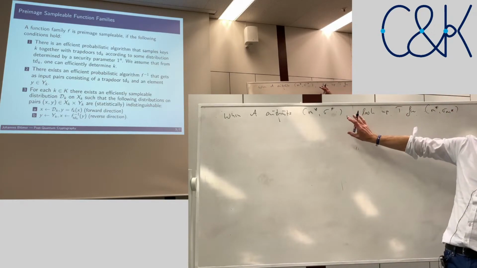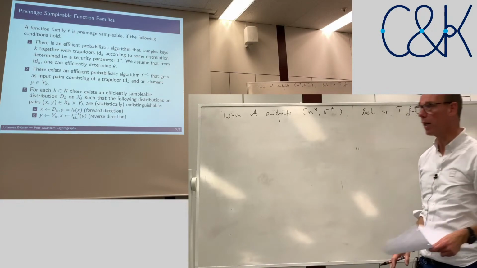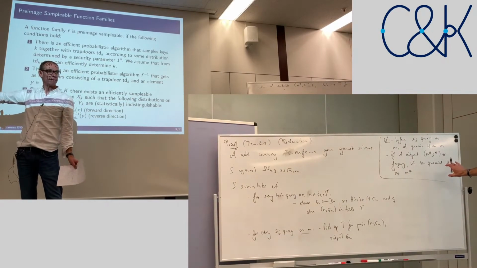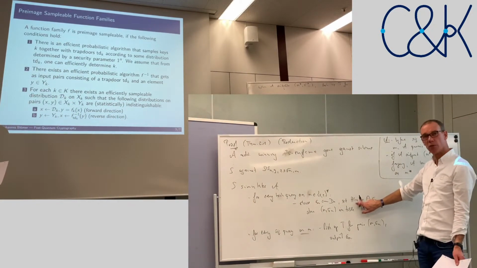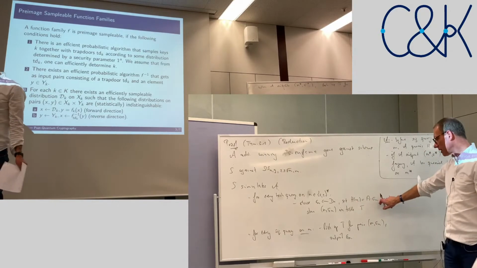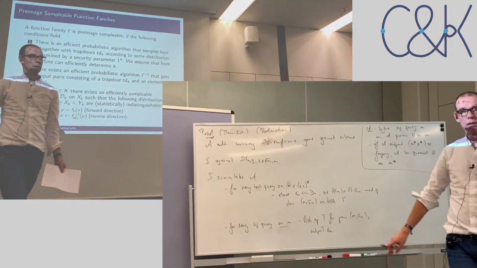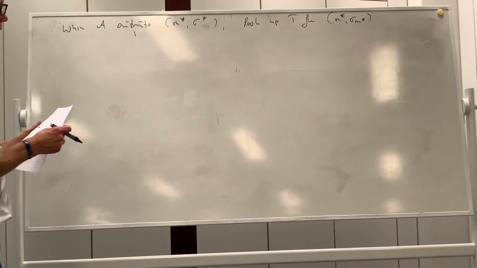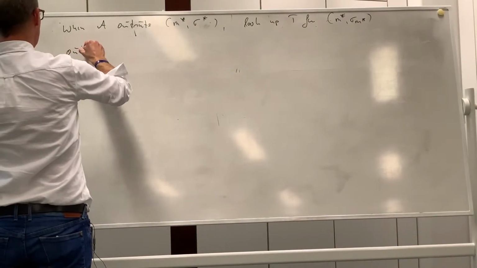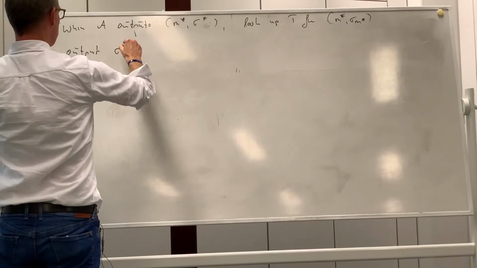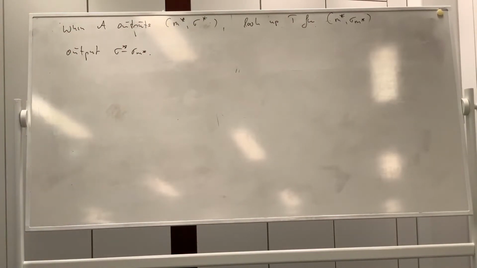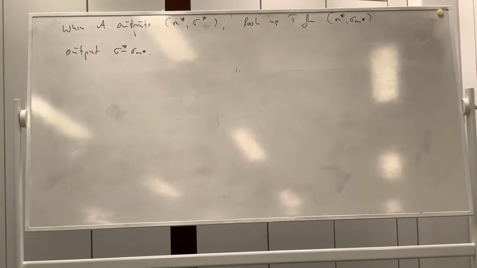He produces some output, which is M star, sigma star. But I assume that he has queried H on M star before, and he obtained this H of M as A times sigma M star. So there is a sigma M star in my table for this M star as well. Output sigma star minus sigma M star. We hope that the two are different.